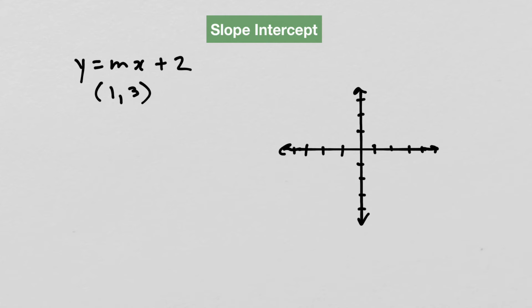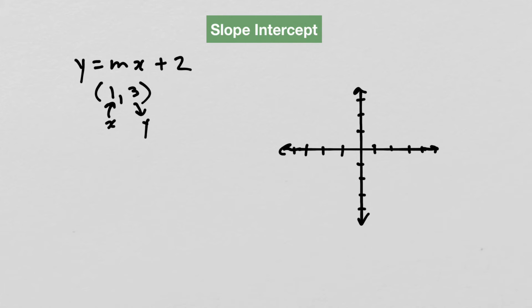Now, you can't graph it using slope-intercept form because you don't know what m is, or the slope. But what we do know is what's given to us. And what is that? We know that this is our x and this is our y. So we can plug our x into the equation.